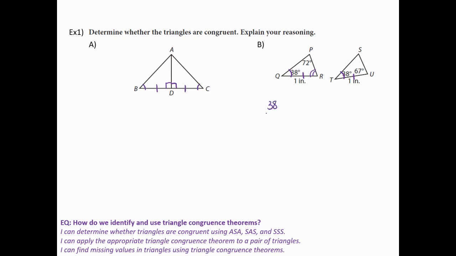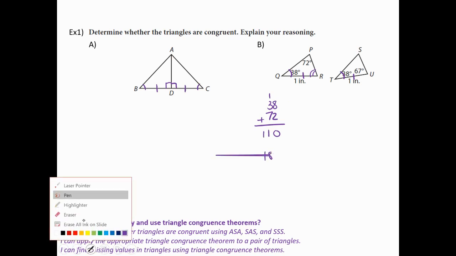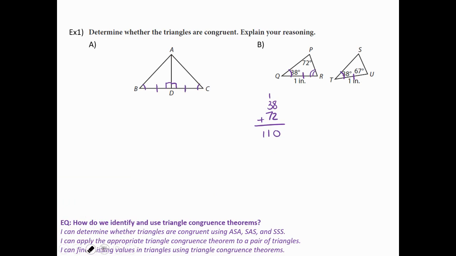So if I have 38 and 72, I add those up, I get 110, and then subtract that from 180, and I get 70 degrees for my last angle.